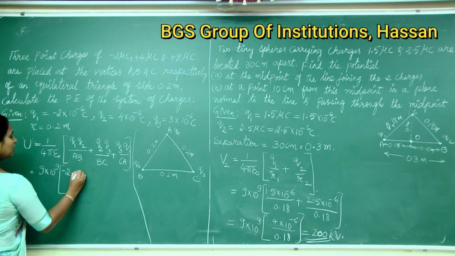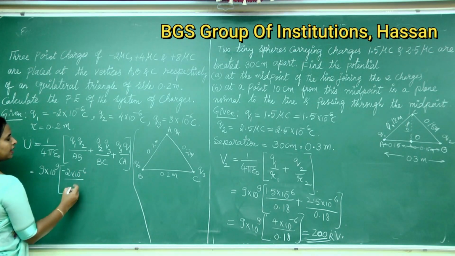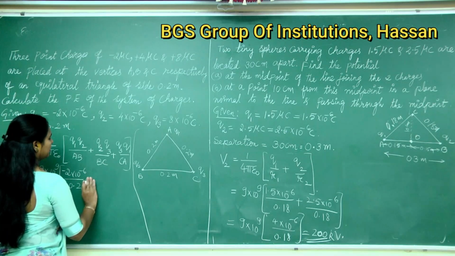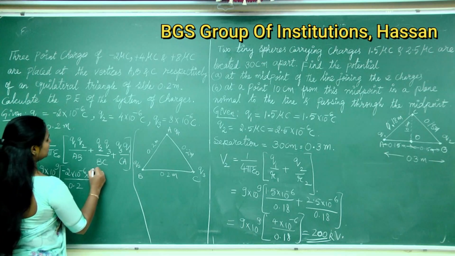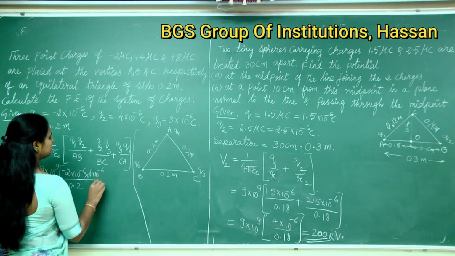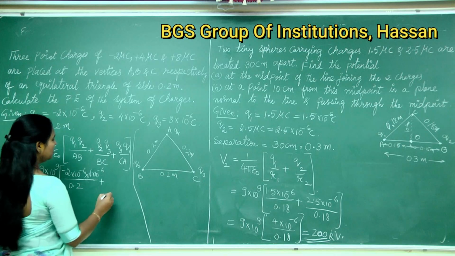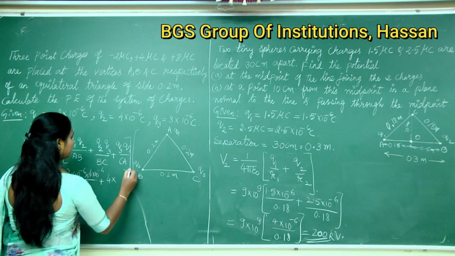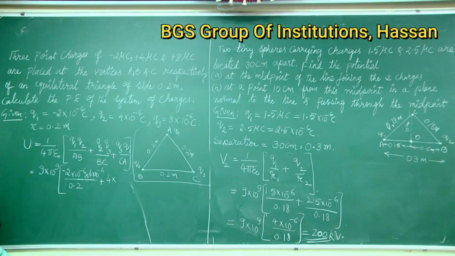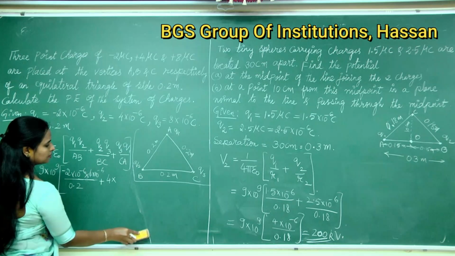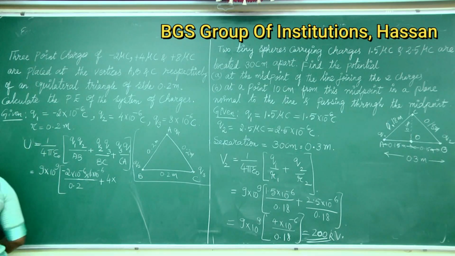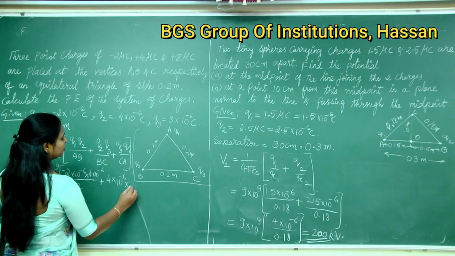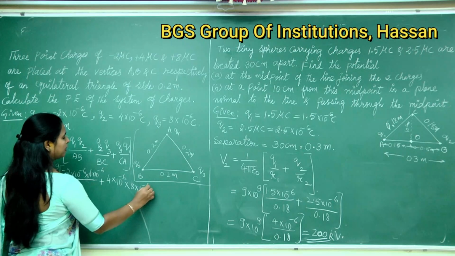Minus 2 into 10 power minus 6 divided by 0.2 plus Q2 is 4 into 10 power minus 6 into Q3 is 8 into 10 power minus 6.